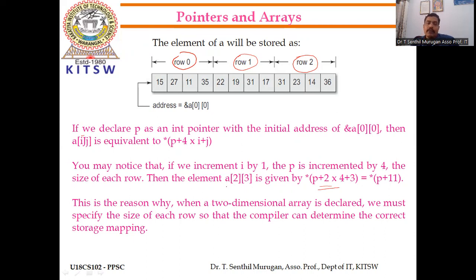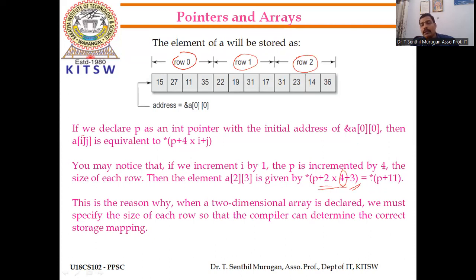For example, A of 2 comma 3, how will it identify? P plus 2, the row value, into 4. Why we are using 4 is that from that location it will move row by row. So 4 values will be added, then it goes to the fourth place, then the column number 3 comes.